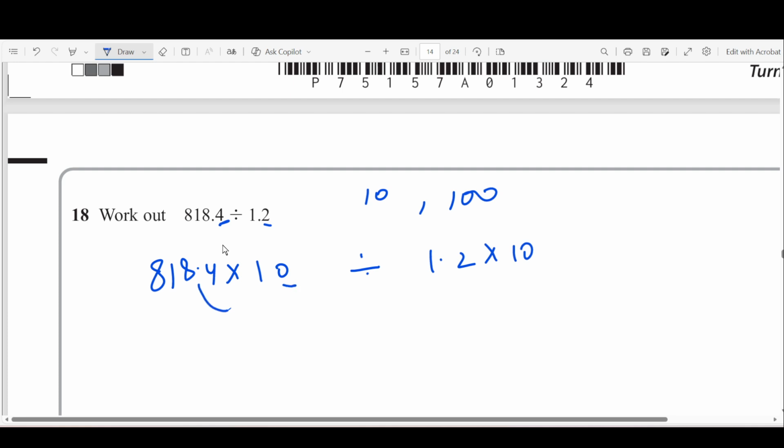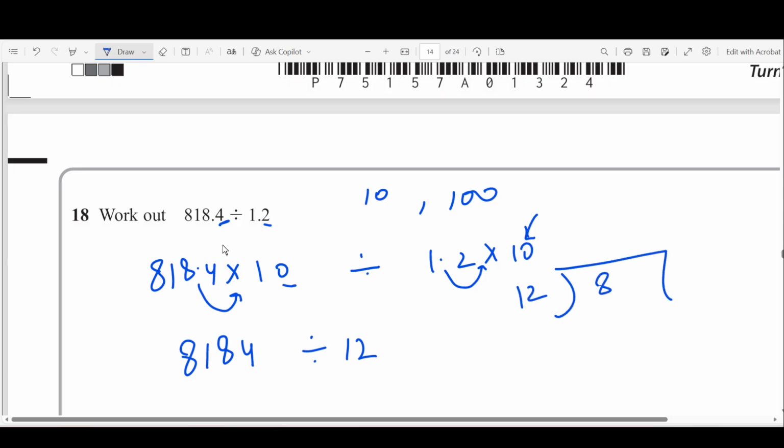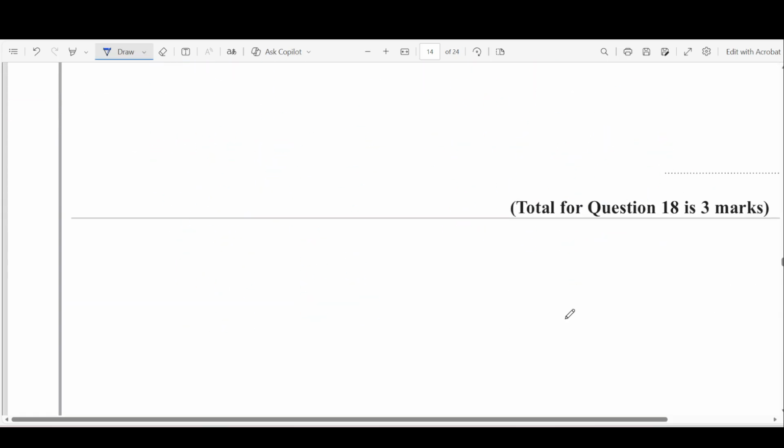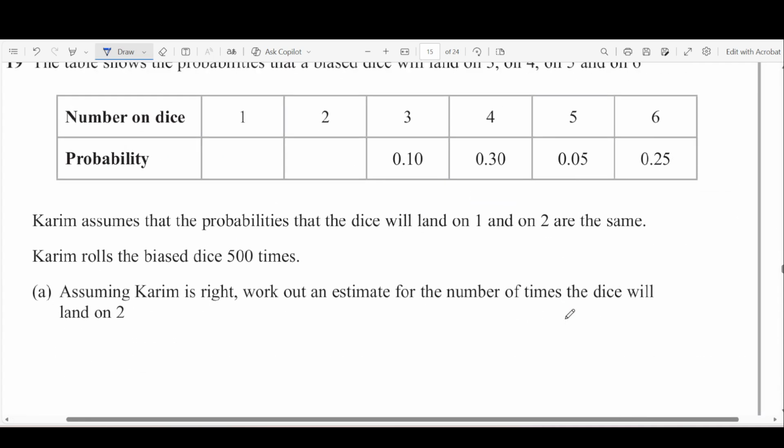There is one zero, so you move the decimal by one digit. Here you also move the decimal by one place, so you just get 12. Now you can simply divide this by 12, 8184, and you will get 682. This is the main point, how to convert it into normal numbers. Then the division part is easy, which you can try.